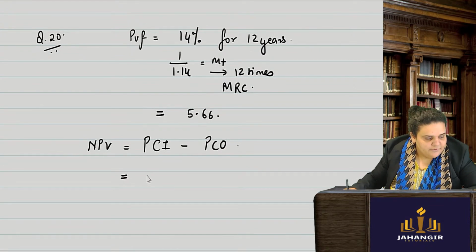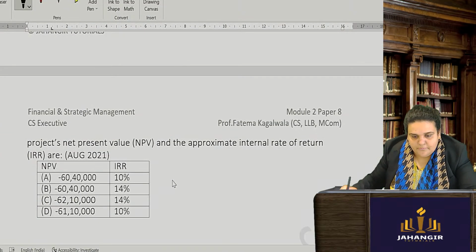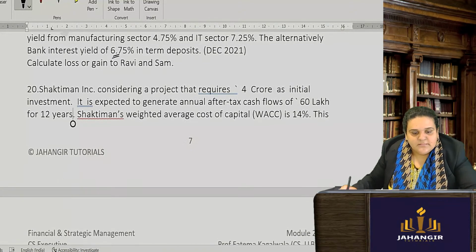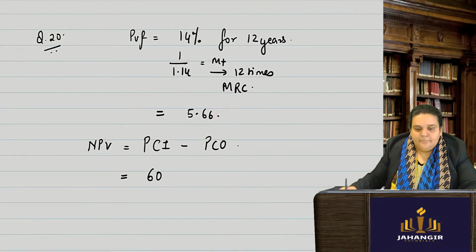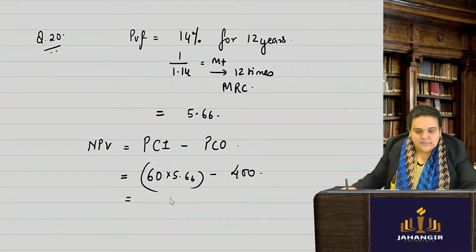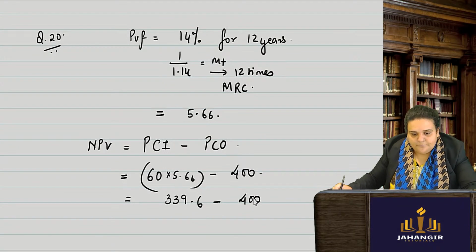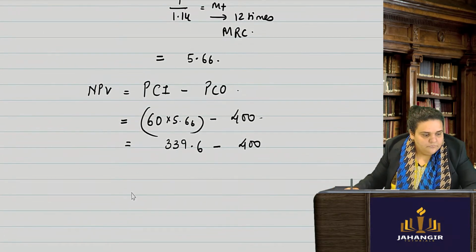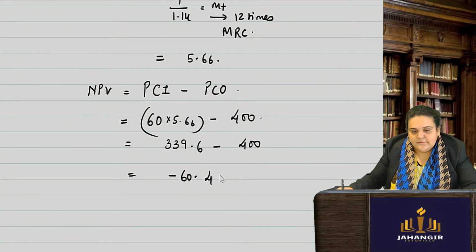I am making an inflow of 60 lakhs rupees per year, multiplying that with the discount factor, and my outflow is 400 lakhs today. So this is 339.6 minus 400. So minus 60.4 lakhs is my NPV.